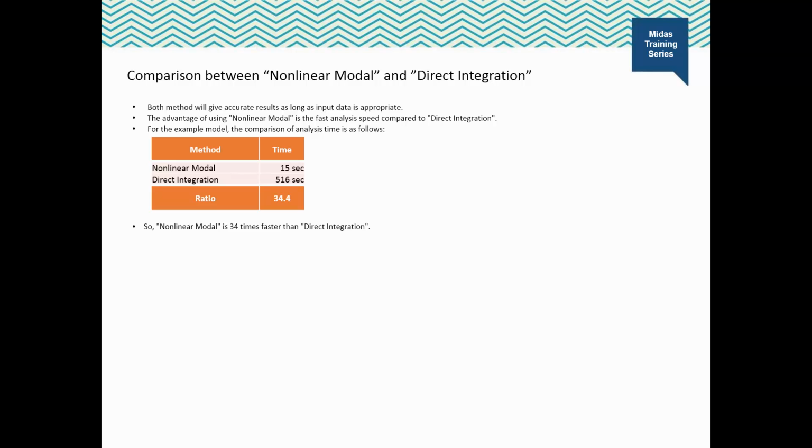If we compare the ratio of direct integration and modal superposition, we can see that modal superposition is 34 times faster than direct integration. And the accuracy, as I mentioned, will be good as long as the input data is appropriate.